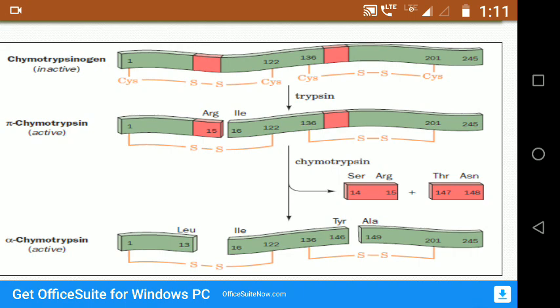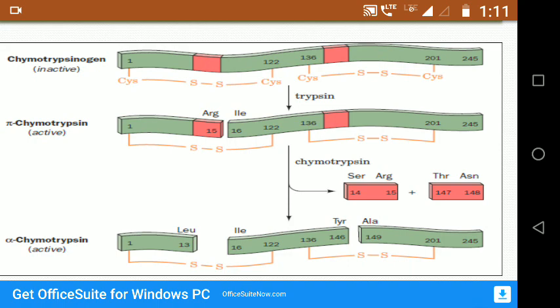So finally we get a three-fragment protein, and these three fragments are linked by disulfide bonds. Now it is the active chymotrypsin, having three different fragments linked by two different disulfide bonds.